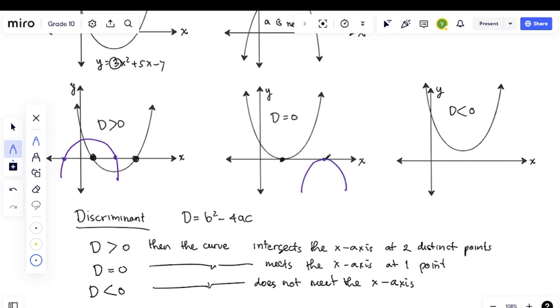Ya, pokoknya ada juga yang menghadap bawah. Jadi tergantung A-nya kemana dulu. In my drawing here, I choose the A is more than 0. Ya, di sini misalnya pilihnya yang A lebih besar dari 0. Okay, this is about discriminants.